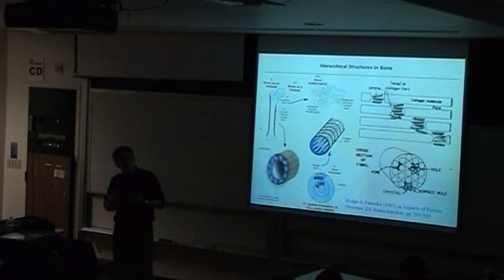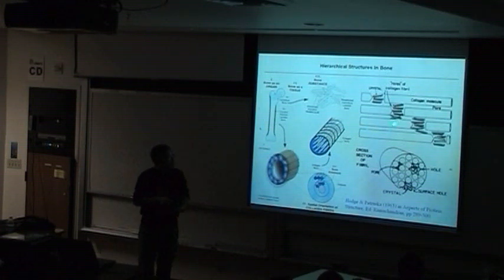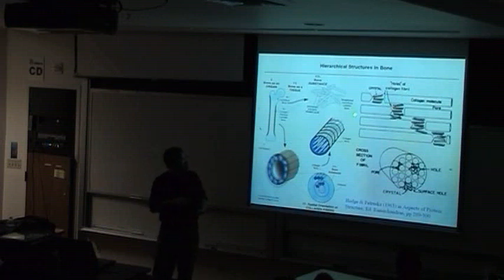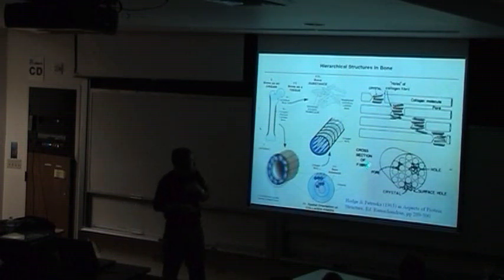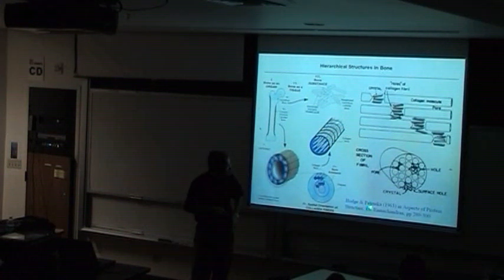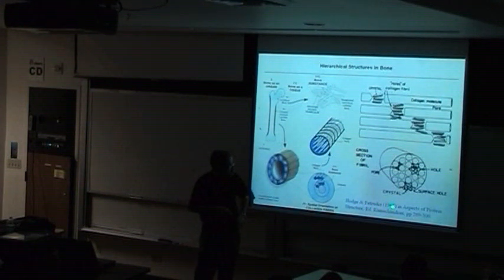But from the molecular level, we try to understand what the structure of the bone is at a molecular level. What causes the structure change? And there was a model proposed by Hodge and his student Petruska in 1963. That's called the Hodge model.